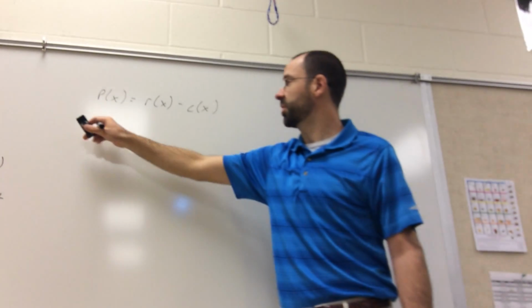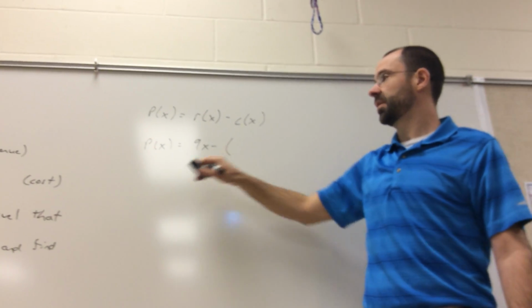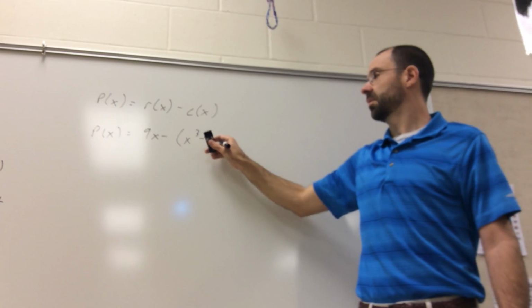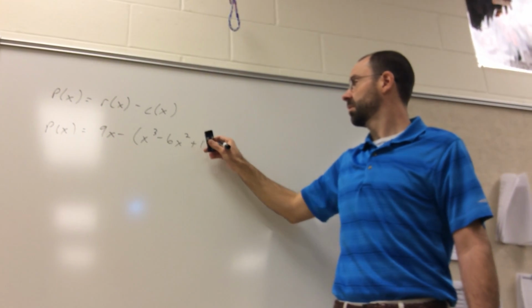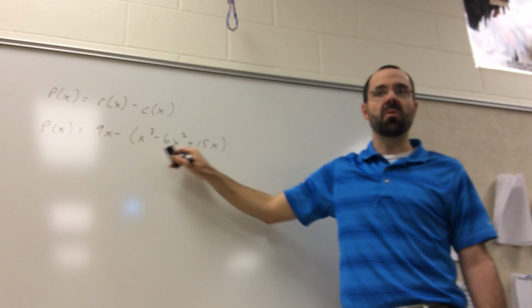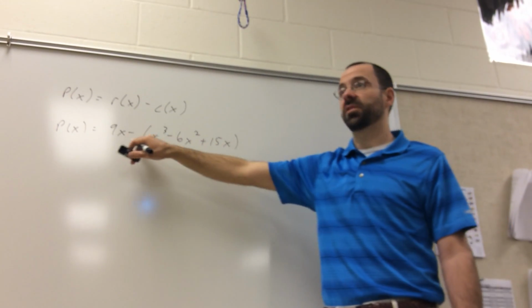Okay, so the profit function in this case is just 9x minus this cost function. So be careful with the parentheses. You got to subtract the whole thing. So that would be an easy mistake to make, to forget to distribute the negative.